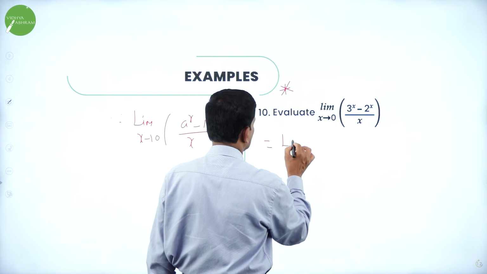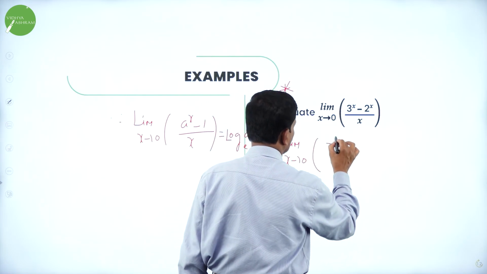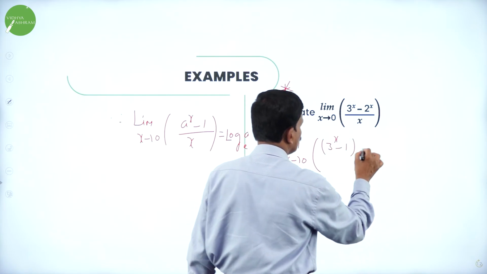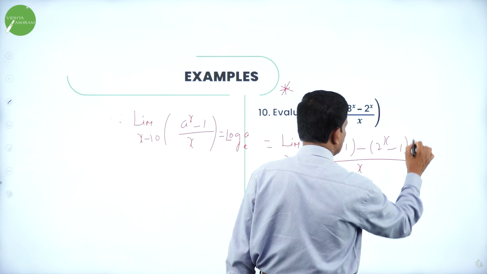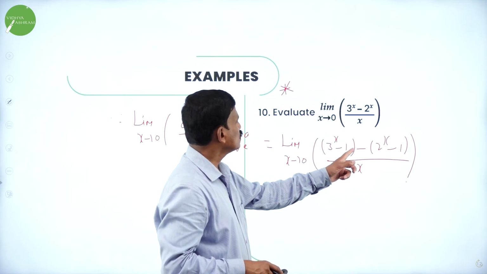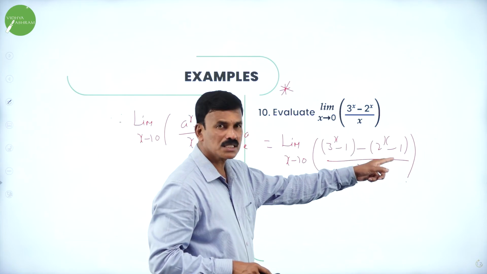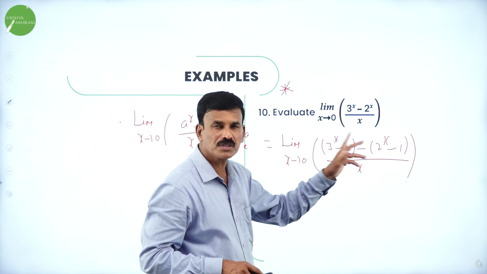This limit can be written as limit x tends to 0 of 3 to the power of x minus 1 minus 2 to the power of x minus 1 divided by x. See here, minus 1 plus 1 gets cancelled. We will get 3 power x minus 2 power x by x.